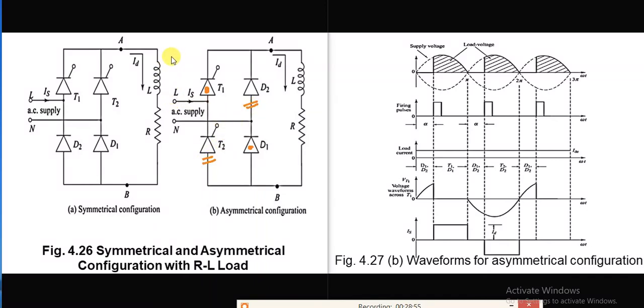So during the positive half cycle of the AC input, this L is more positive. The current will flow from this L to SCR T1 through this inductor, through this resistor, through this diode D1 and back to the neutral. This is the direction of current flow during the positive half cycle.